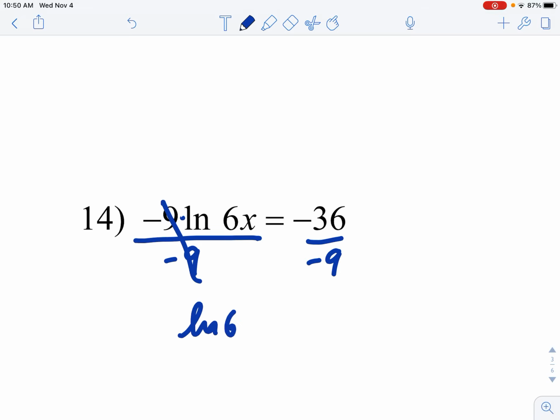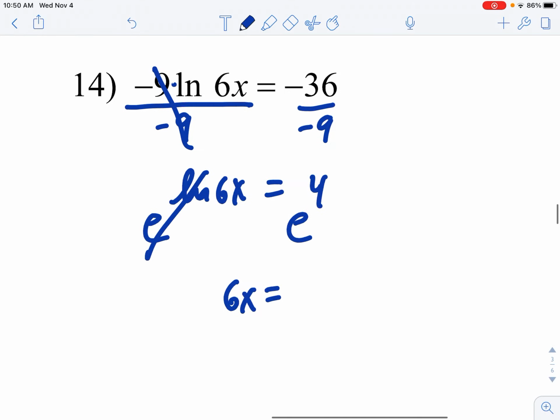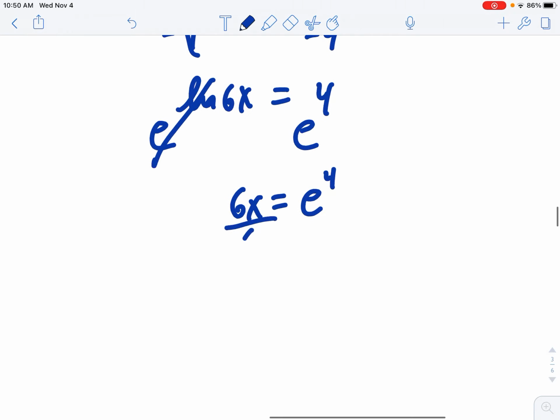of 6x equals 4. To cancel out ln, I need to drop a base e, but I have to do that to both sides. So I get 6x equals e to the 4. Now instead of grabbing the calculator and typing in e to the 4, I'm just going to leave this e to the 4 and then keep isolating x. Now I got to divide both sides by 6.